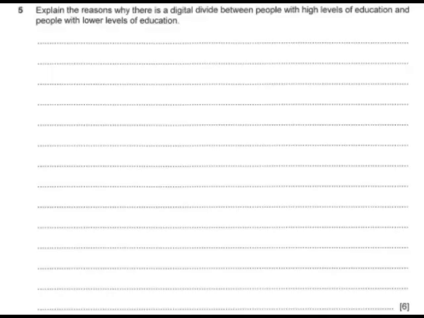Question 5. Explain the reasons why there is a digital divide between people with high levels of education and the people with lower levels of education. The digital divide between individuals with high and low levels of education stems from differences in access, skills, and exposure to technology. People with higher education often have better economic opportunities, enabling them to afford devices, internet access, and continuous upgrades.